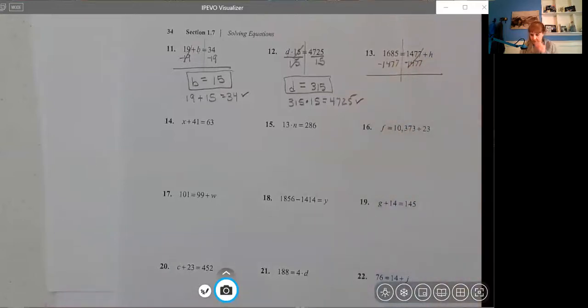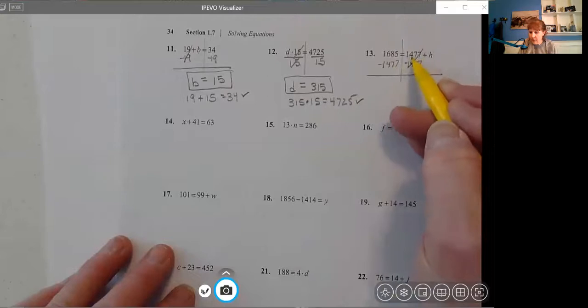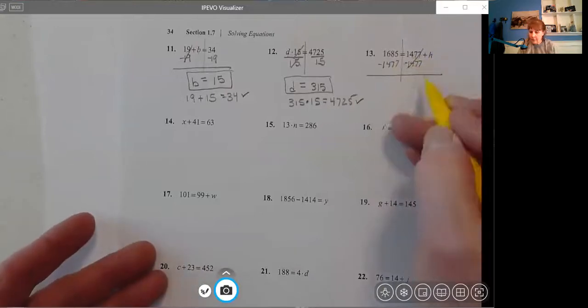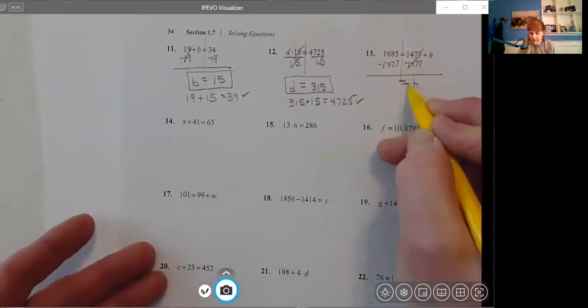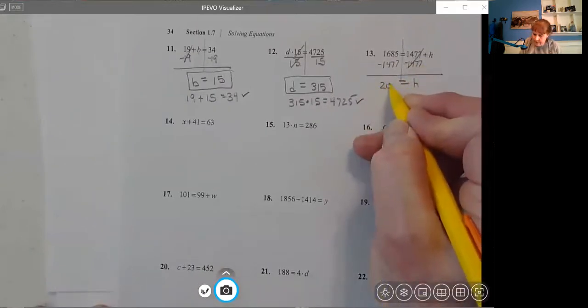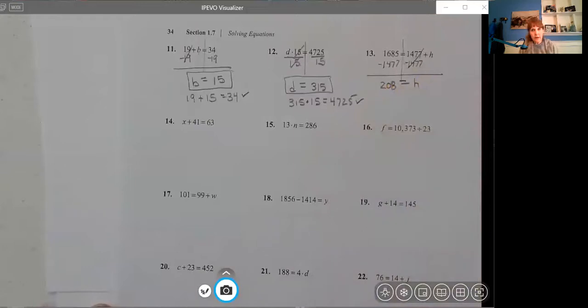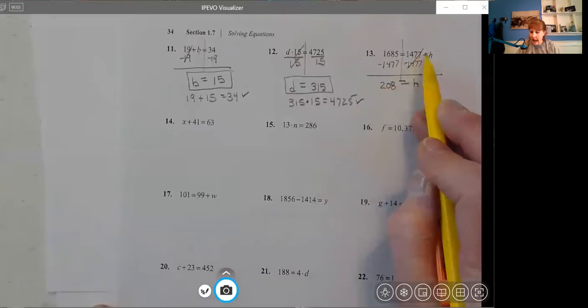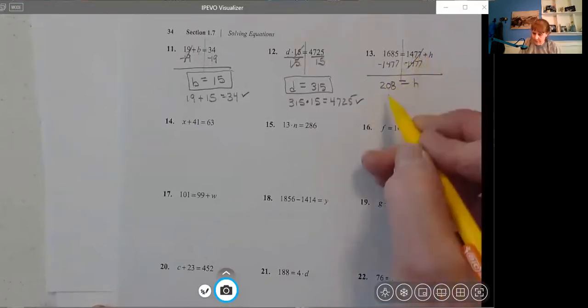When you take 1,477 and subtract 1,477, you get 0, so you're left with just the h. Then we'll take 1,685 and subtract 1,477, which is 208. So you need to check that. If you take 1,477 and add 208, you do get 1,685.